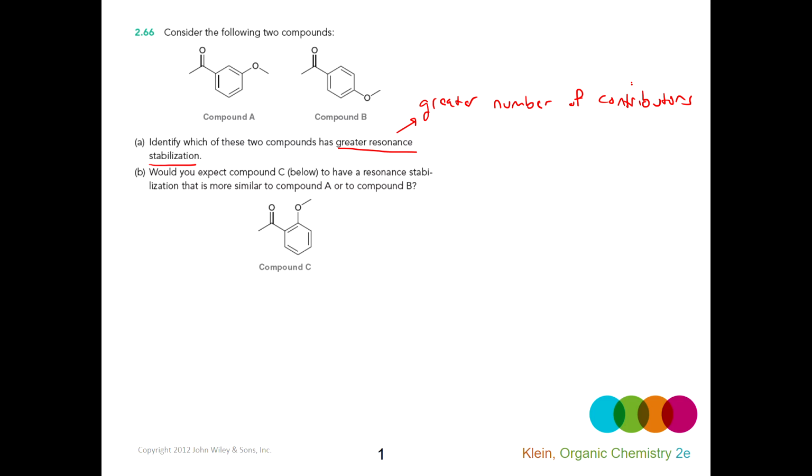In this case, though, my starting compounds are both neutral. They don't have any charge. So I'm not worried about stabilizing them through formal charge. I just want to see which one I can draw more contributors for. Which one has a greater variety in the ways the electrons can be positioned. That one should allow more resonance for the electrons, or for the resonance to be spread out over more atoms.